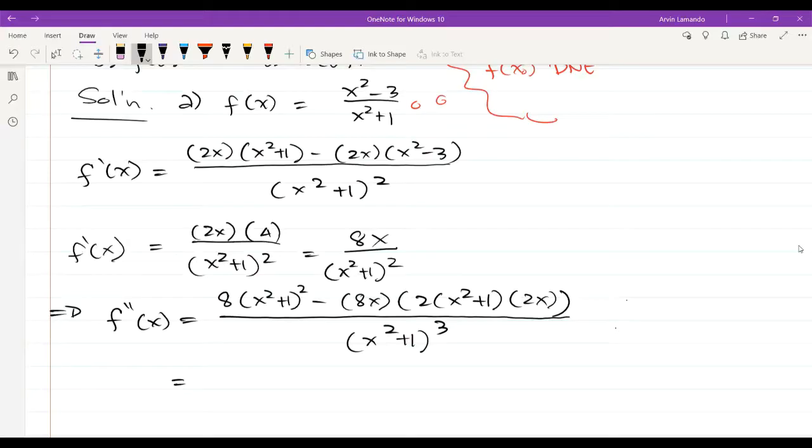We can factor out 8 and observe that x squared plus 1 is a common factor in the numerator and denominator. So we end up with x squared plus 1 minus 4x squared, over x squared plus 1 cubed.